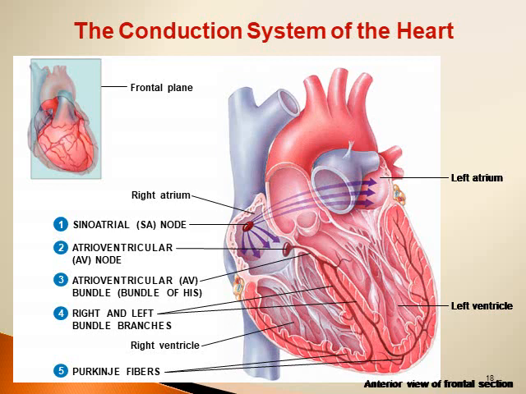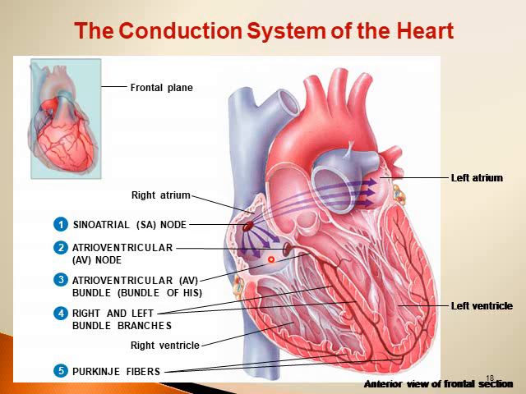The action potential will leave the SA node and spread to the atrial muscle fibers, through the muscle fibers of both the right and left atria, and then reach the AV node. In the AV node, there will be a delay of the action potential of about 0.1 second, and this delay is very important.